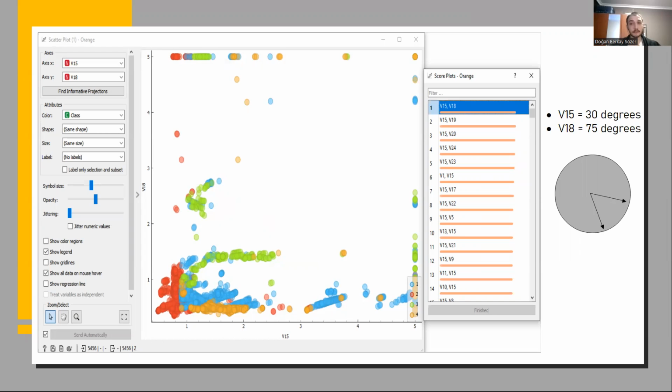Because they are much closer together than the ones I mentioned before, these plots are much more nested. We can say that simply by looking at the variables. If V18 goes smaller, V15 goes smaller at the same time. And we can move on.